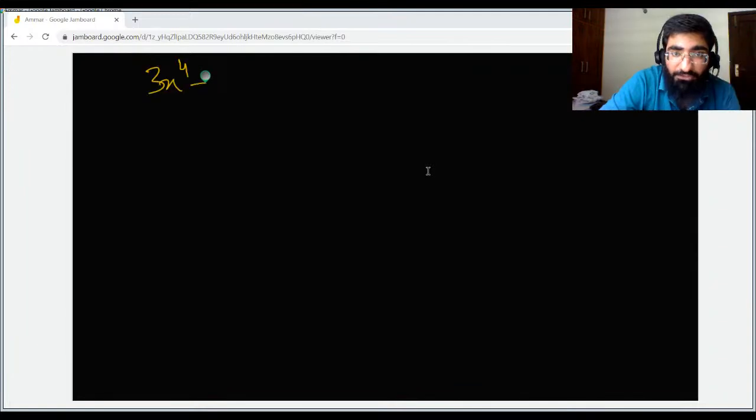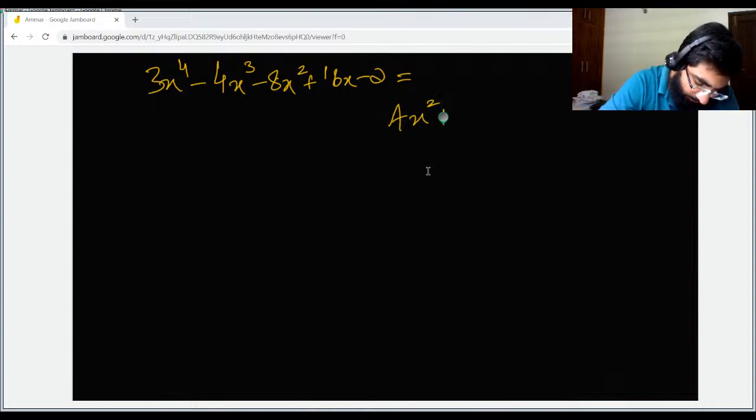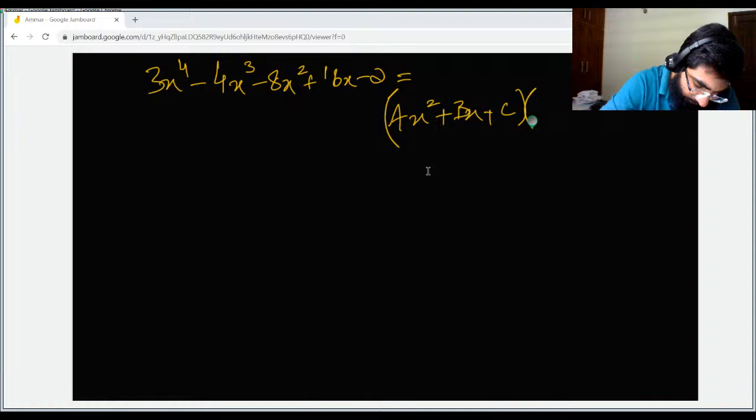What I'm given is that 3x raised to the power 4 minus 4x cubed minus 8x squared plus 16x minus 2 is equal to (ax squared plus bx plus c) times (x squared minus 3) plus dx plus e.